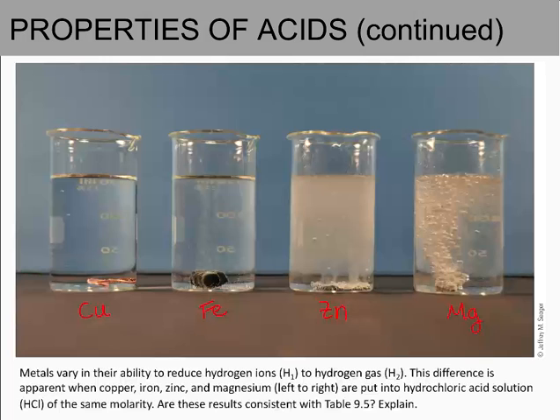Okay, so let's write down that reaction that's occurring. So magnesium is reacting with hydrochloric acid. And this is a single replacement reaction because we have an element and a compound. So magnesium and hydrogen are going to switch places.